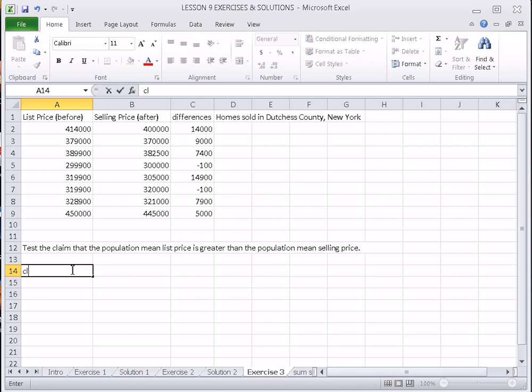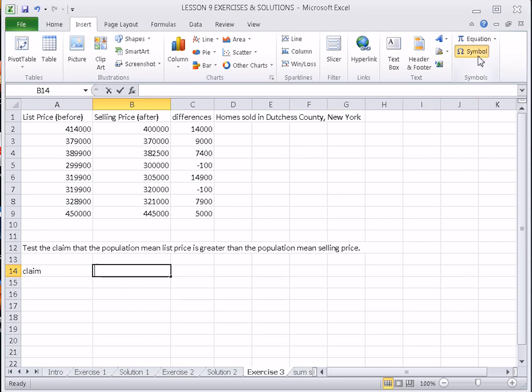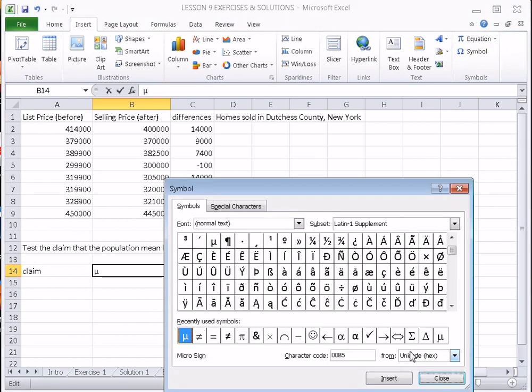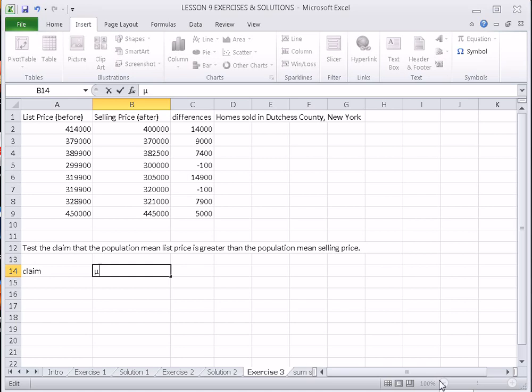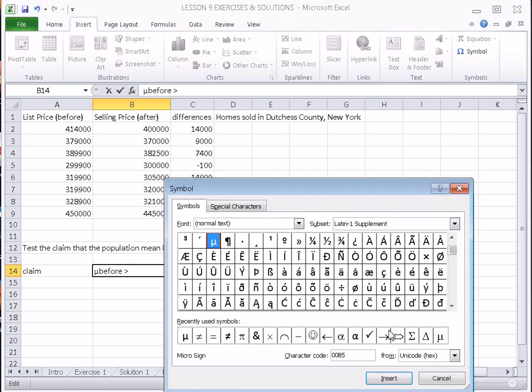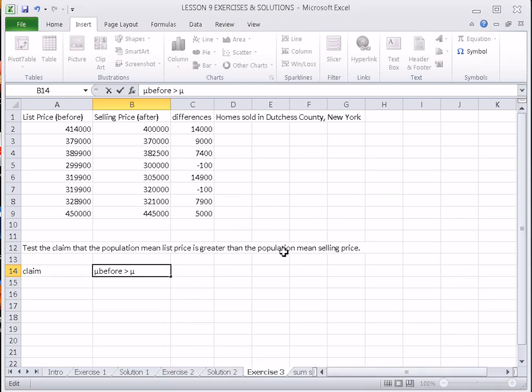So when we look at that claim, we're basically saying that the population mean mu of the before prices is greater than the population mean mu of the after or selling price. So mu before is greater than mu after.